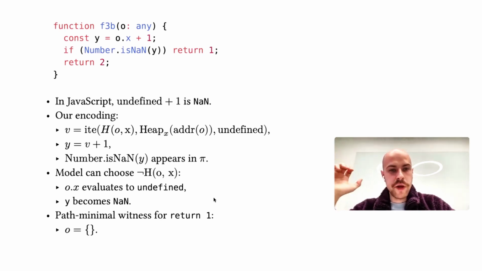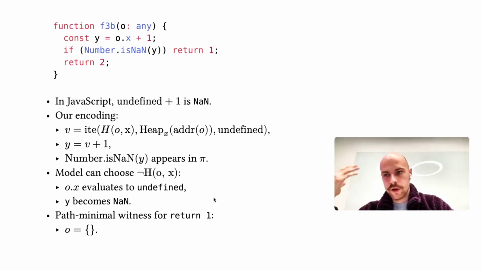We can just create an empty object, because after we read the X field from an empty object, we will have undefined. Undefined + 1 is NaN, and we will have a successful check. Number is NaN, and return 1. So the path minimal object for this example is an empty object as well.